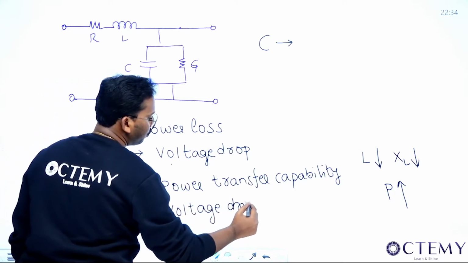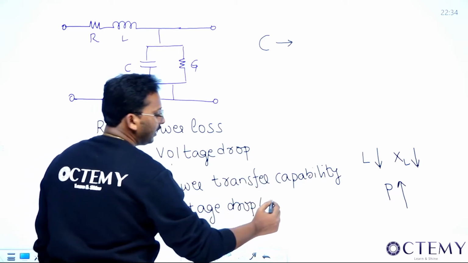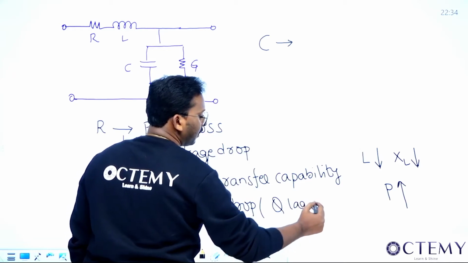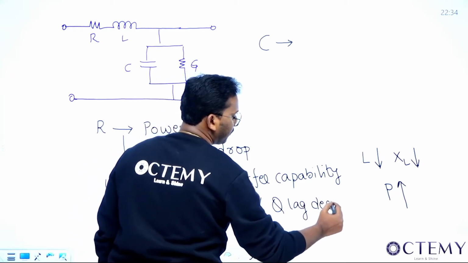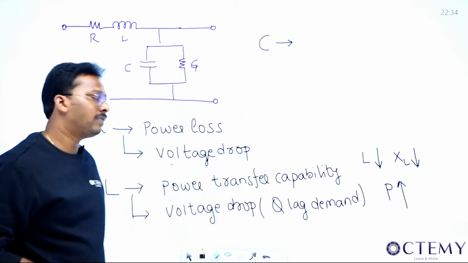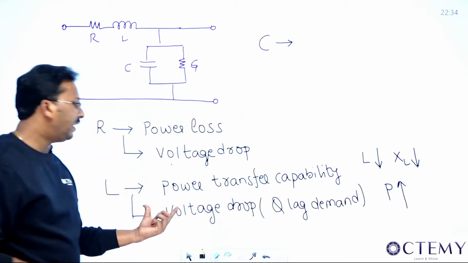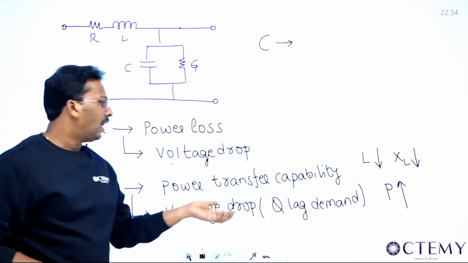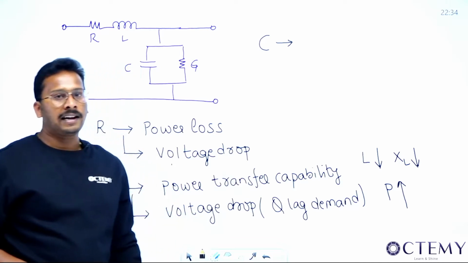Instead of calling this voltage drop, I can say it is Q lag demand. Now, when I talk about the voltage profile topic, this will be more emphasized. The line reactance, the inductive reactance of the line, demands a lagging reactive power.